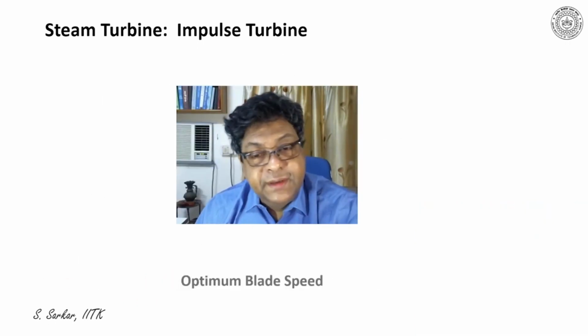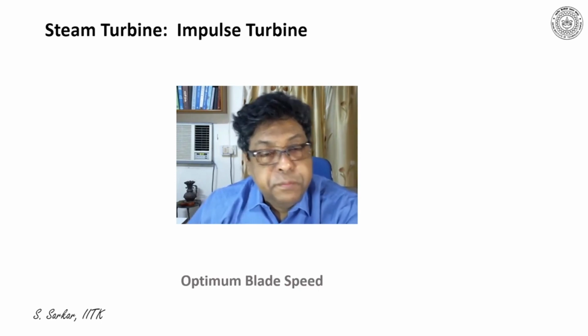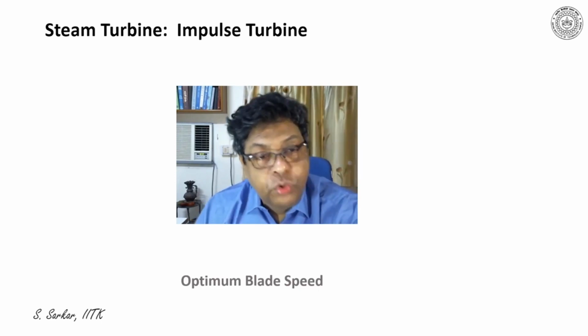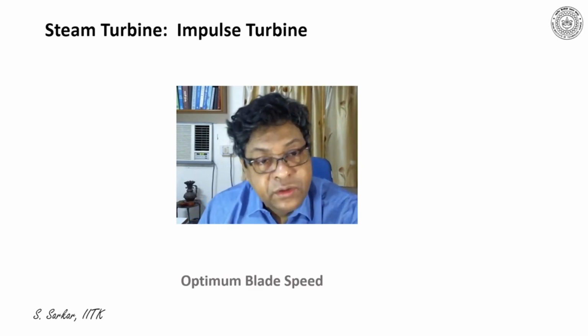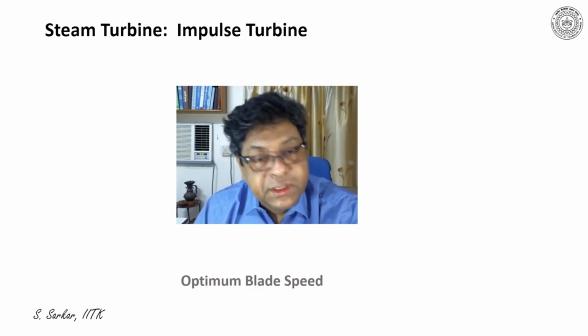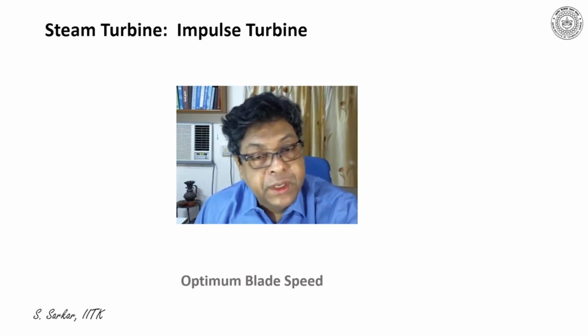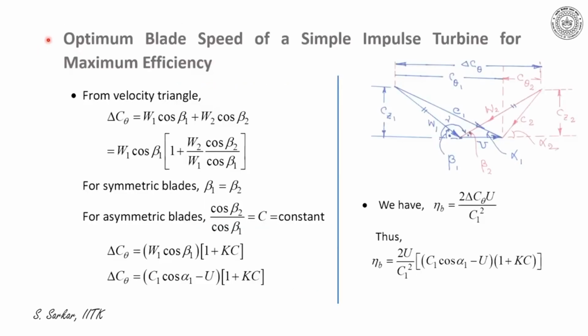I'm going to present an important section where I'll derive the blade speed for which the blade efficiency would be maximum. I have presented here the optimum blade speed of a simple impulse turbine for maximum efficiency.